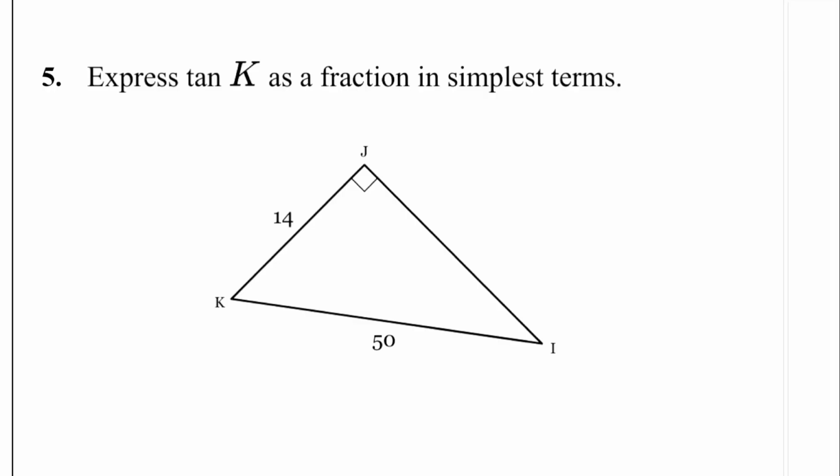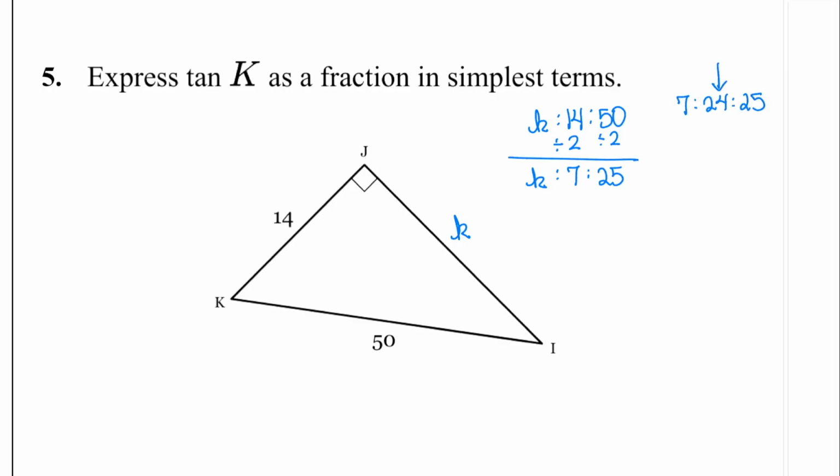Here's another one. We have an unknown, I'll put a k here, an unknown side, a 14 and a 50. Both 14 and 50 are divisible by 2, and then we might be able to see what our pattern is for the Pythagorean triples. If you remember, one of our Pythagorean triples is 7, 24, 25.